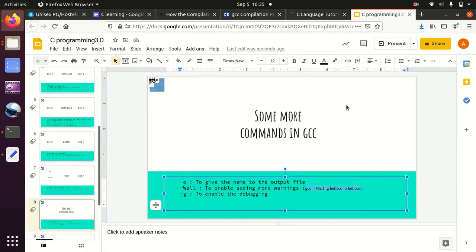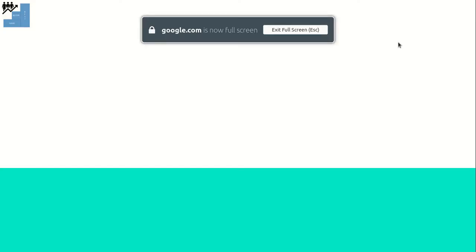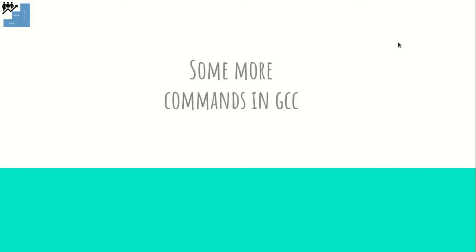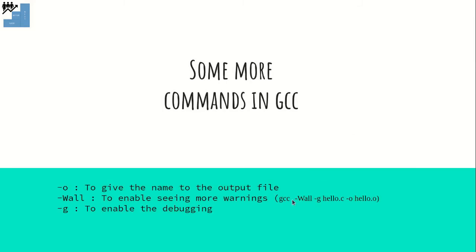So we'll quickly see what these flags signify. The -Wall option tells the compiler to generate more warnings. The -g option is to enable debugging. If you want to debug your code later on, you have to compile it with the -g option.